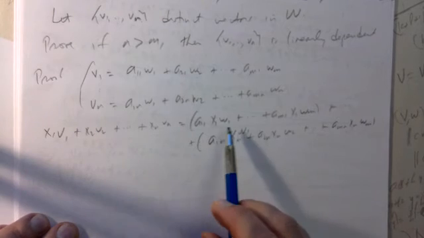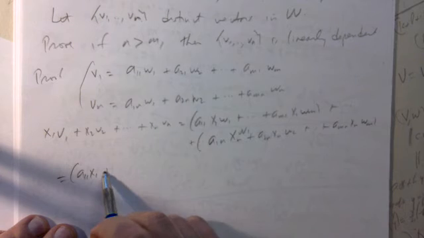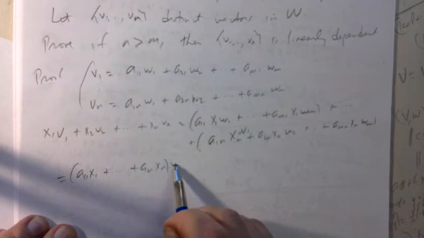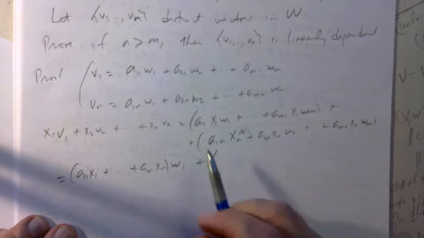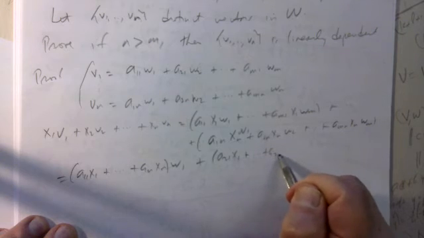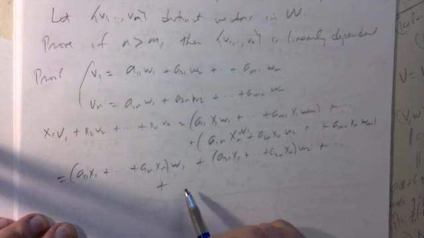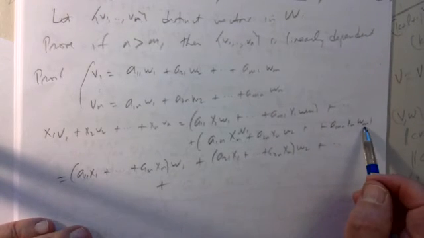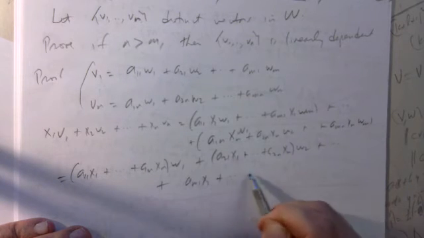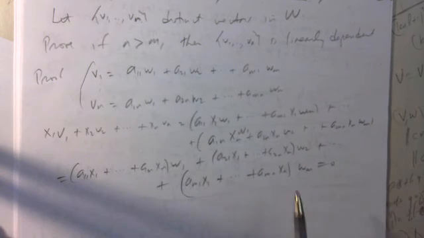And if I collect the scalar multiples of each of the w vectors, this is (a11 x1 up to a1n xn) w1, plus the second one would be (a21 x1 up to a2n xn) w2, and so forth, up to (am1 x1 up to amn xn) wm, which should be 0.